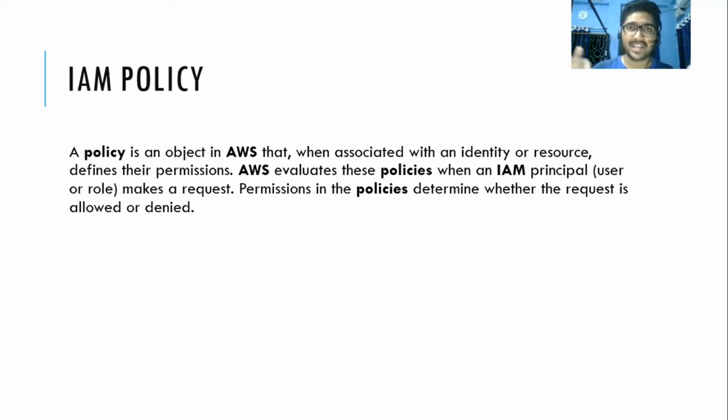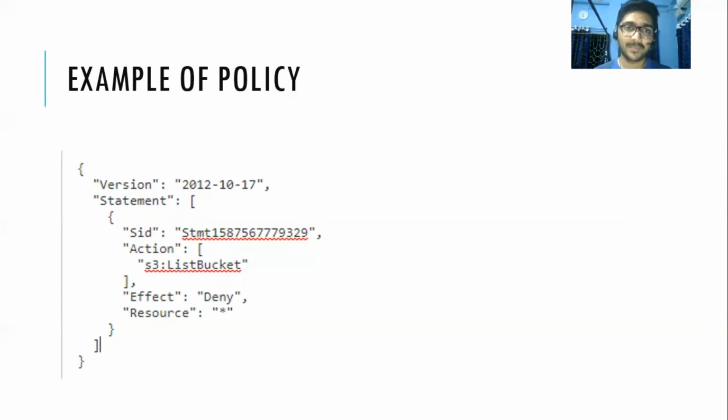When a policy is attached to them, you're basically giving them permission to do certain things. A permission in the policy determines whether the request is allowed or denied. So the policy defines whether the request made by an IAM user, a group, or a role is allowed or denied.